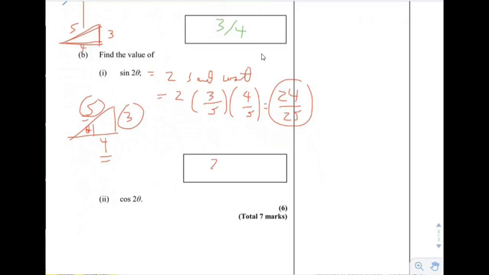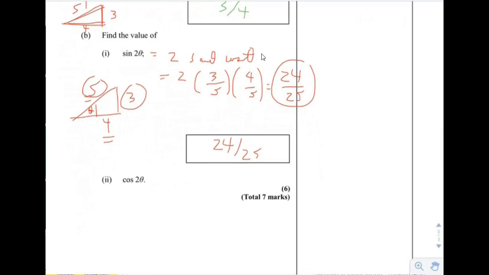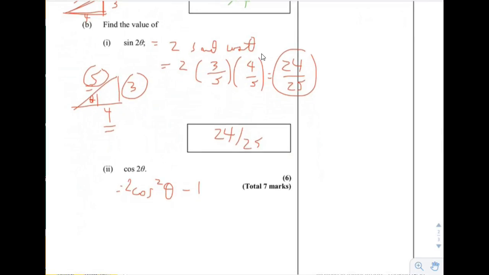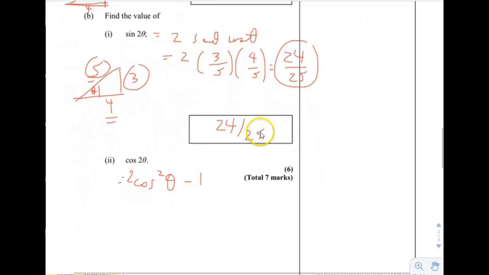And then the cosine of 2 theta, we could use any one of the formulas on the formula sheet, but there's one that's 2 cosine squared theta minus 1, right? And let me just check to make sure that's correct. Yeah, that's right.